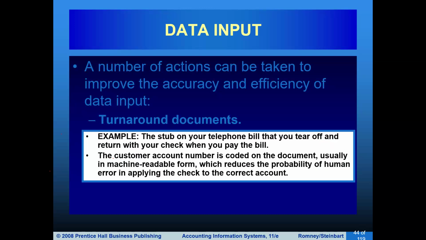Turnaround documents. Maybe you have seen one of the very famous data input mechanisms, like the electricity bill and water bill. There is one part of your bill that you have to submit. They give you a small part. Suppose you go to the supermarket to pay the electricity bill.